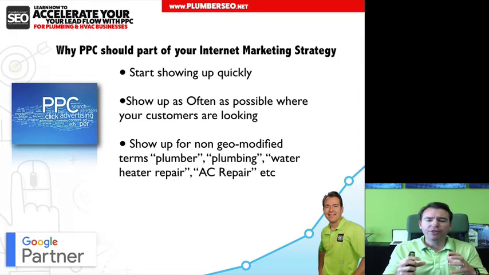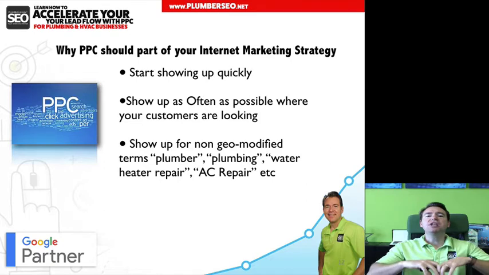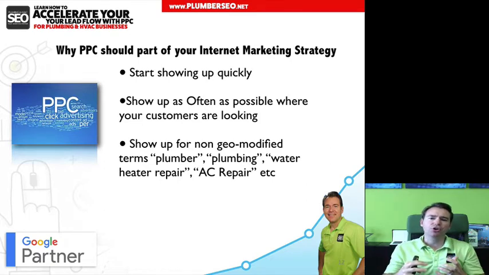The other really cool thing about PPC is it gives you the opportunity to show up for national terms in your local area that you probably wouldn't be able to show up for otherwise. So for instance, if someone goes to Google right now and types in plumber or plumber near me or AC contractor in my area, they didn't put a geo modifier.